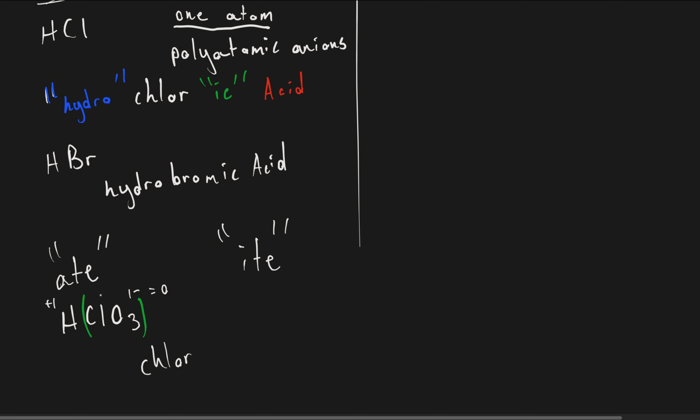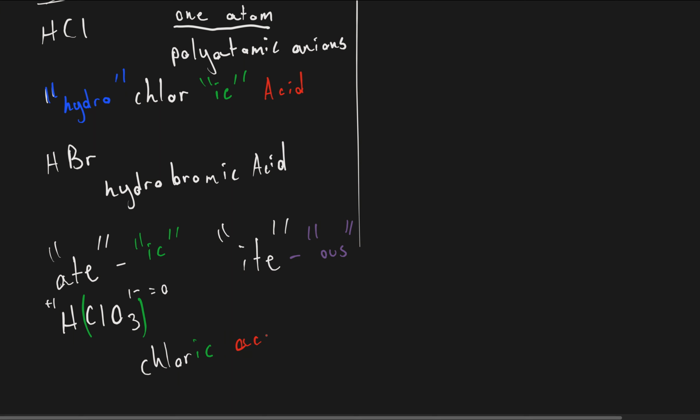Instead, this ate changes to ic, and this ite changes to ous. In this case, it has its base form of chlorate, so we change this to chloric acid. It would just be known as chloric acid.